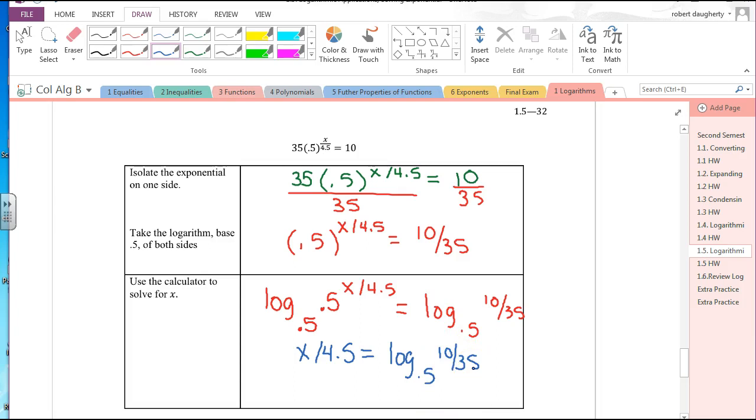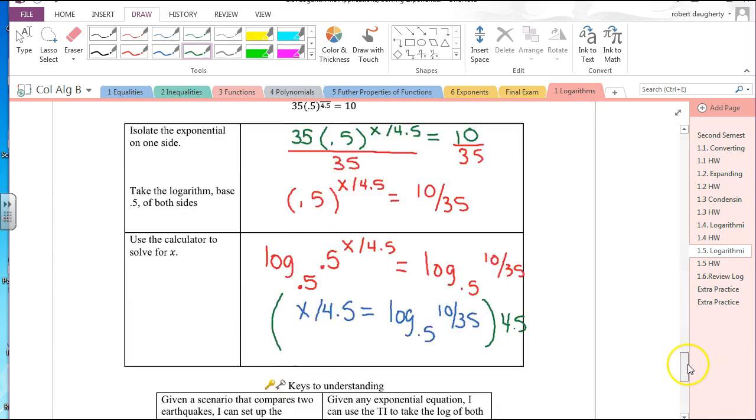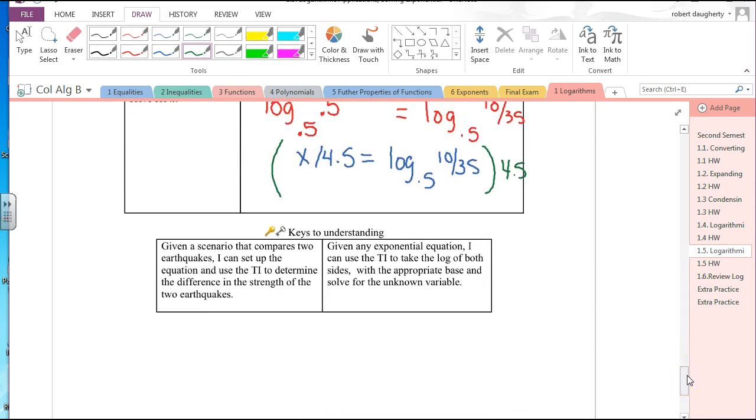Multiply both sides by 4.5. And my exact answer is going to be x equal 4.5 times the log base 0.5 of 10 over 35. That's my exact answer.